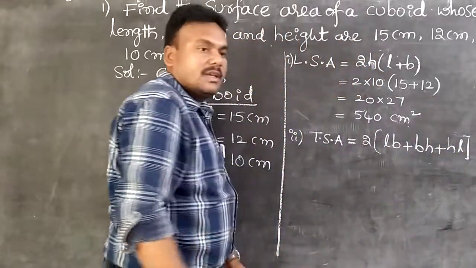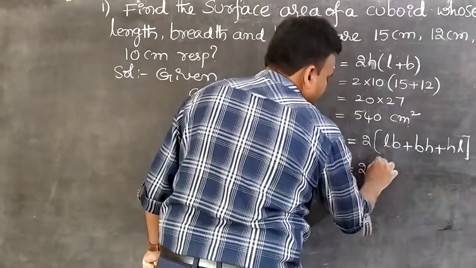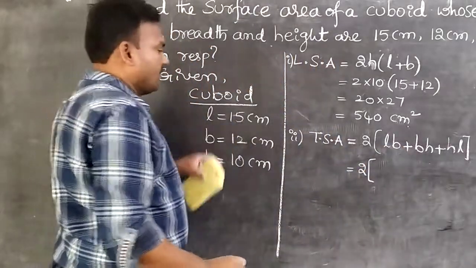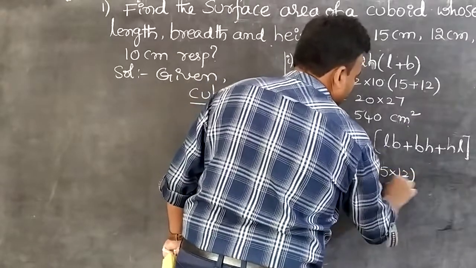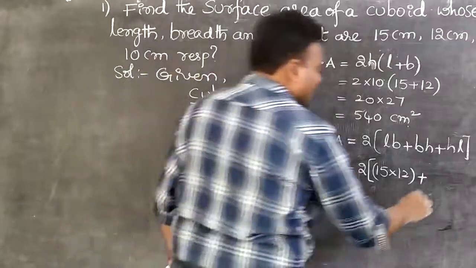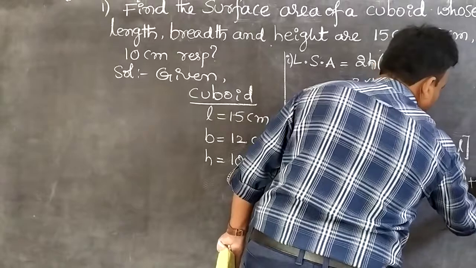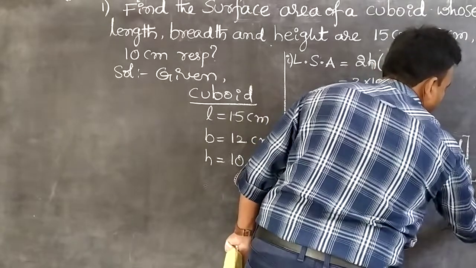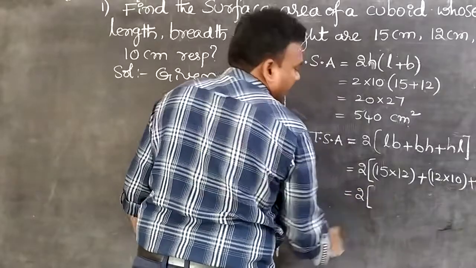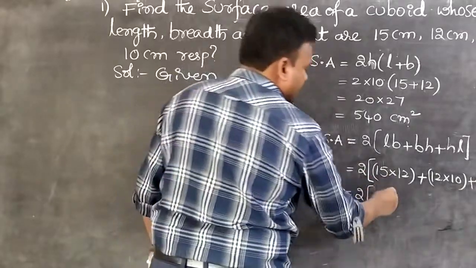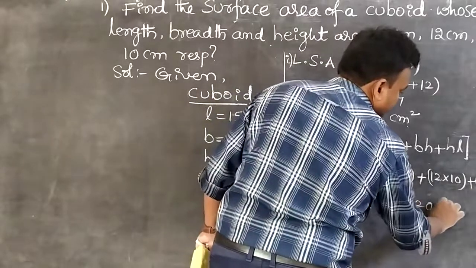So that implies 2 of L value 15, 15 into 12, plus H value 10, 12 into 10, plus 10 into 15. 15 tens are 150, 15 2s are 30, 180, plus 12 tens are 120, plus 10 15s are 150.